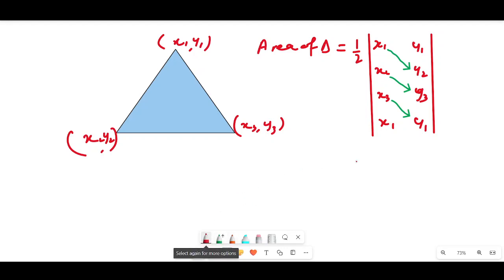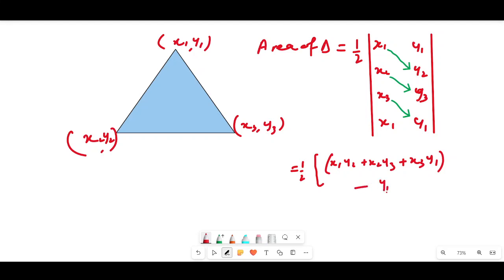Then we will be able to write the area: first x1 y2, x2 y3, x3 y1, minus y1 x2, y2 x3, then y3 x1.